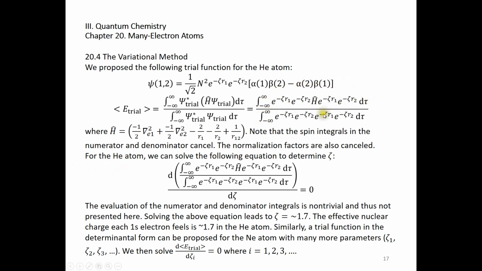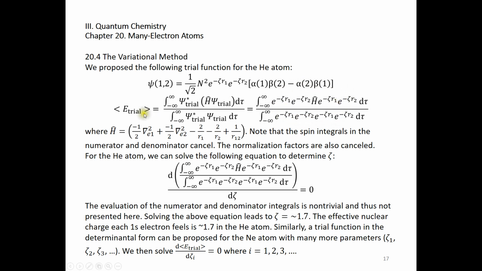Let's compare these two integrals. On the bottom, it's mostly the wave function squared. On top, it's the wave function multiplied by the Hamiltonian applied to the wave function. So this is the trial energy. We have one parameter, zeta, in the expression of the trial energy.